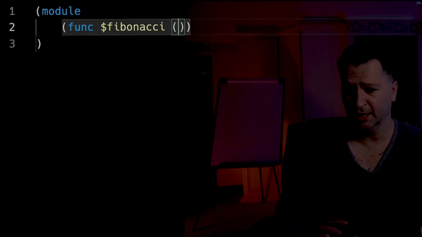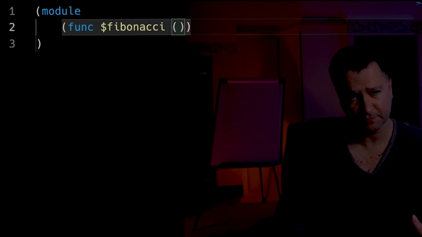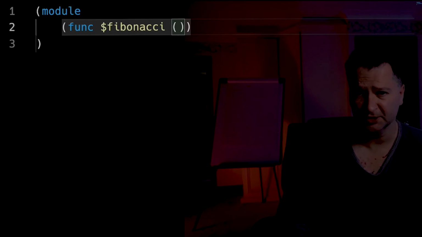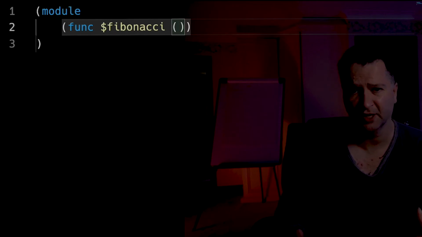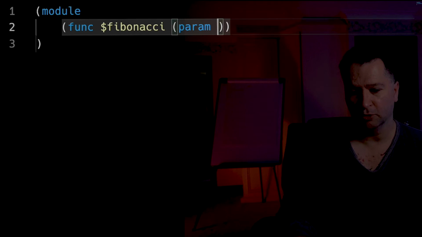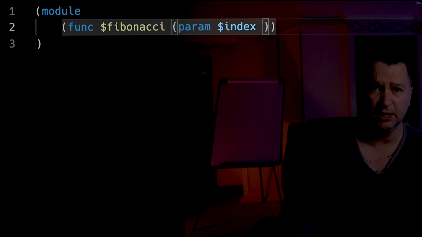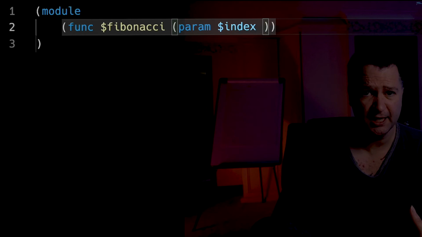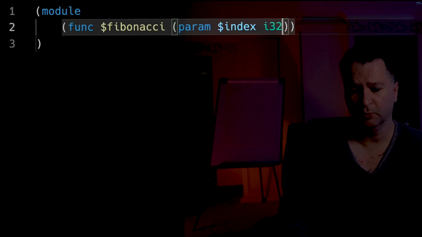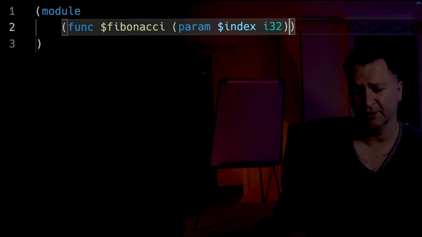The parameter I need to pass in is going to be the index of the Fibonacci sequence. So Fibonacci of 0, 1, 2, 3, 4, 5, etc., whatever number in the sequence. I will pass in a parameter and call that index for the sake of easiness. Then it needs to have a type. In this case, it's going to be a 32-bit integer, which in WebAssembly terms is i32.